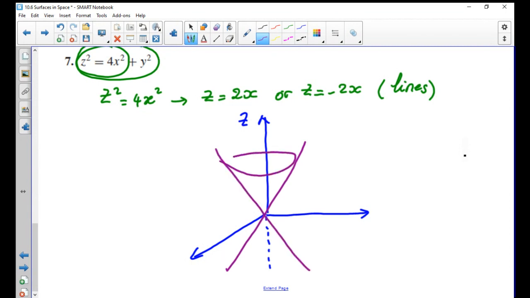So it's an elliptical cone. Are we okay with this? Right, that's all I wanted to say regarding these surfaces for the moment.